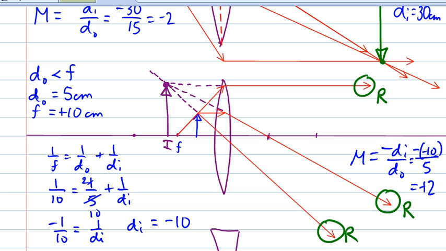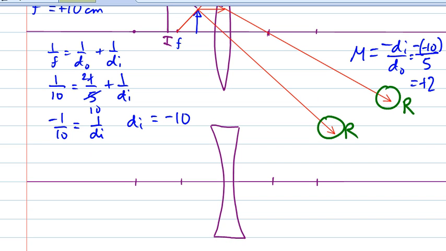That's how we can tell. Okay, and finally, let's try a diverging or a concave lens. And for this, let's say that we want to put the object at 15 centimeters.